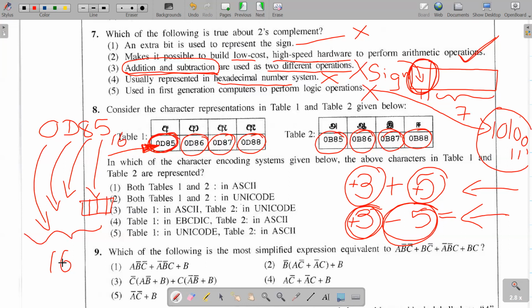BCD holds how many bits? 4. ASCII holds how many bits? 7. EBCDIC holds 8 bits. Unicode is the one which contains 16 bits. So the answer is simple. Both table 1 and 2 is in Unicodes, right?